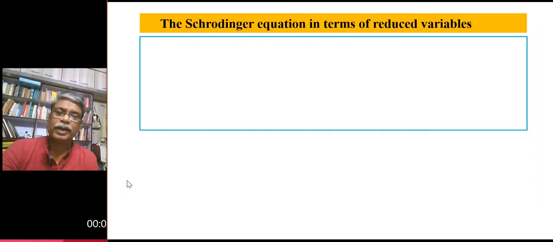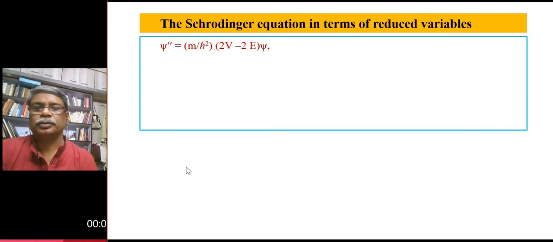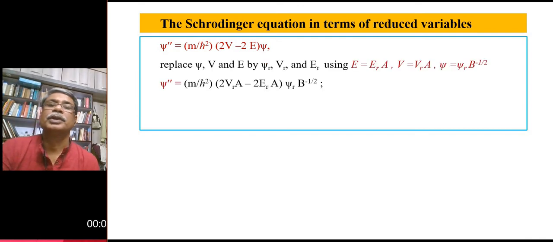So let us go back to our main problem that we started with, the Schrodinger equation, but now we have got it in terms of reduced variables. So this is the second order differential equation. Now we will replace V, psi, E by their corresponding reduced variables, because in the meantime we have got all the reduced variables.